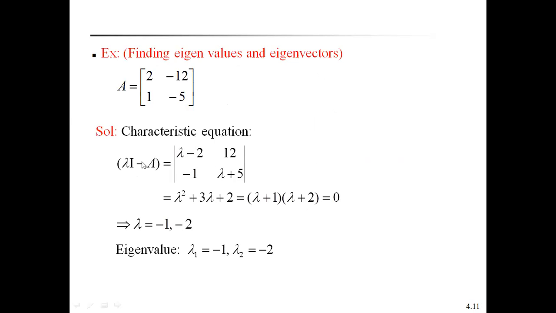First write the characteristic equation, lambda I minus A equal to 0. From that you get the characteristic polynomial equation equal to 0. From this we can find the values of lambda: lambda equal to minus 1, minus 2. These are called the eigenvalues. First value is minus 1, second value is minus 2.